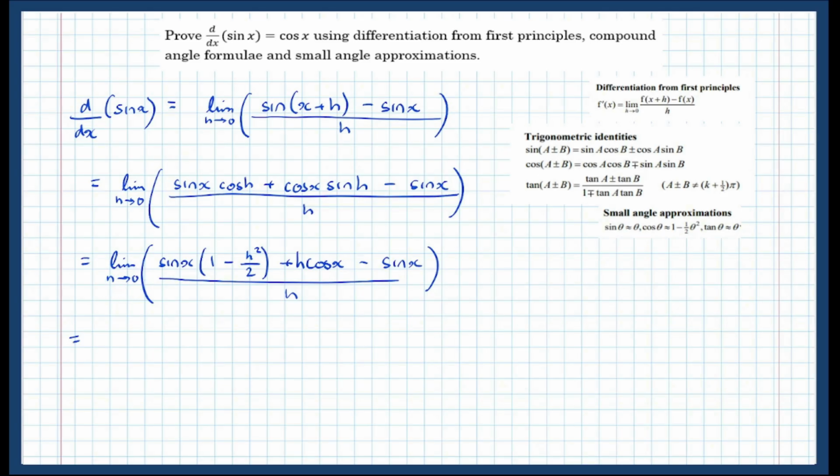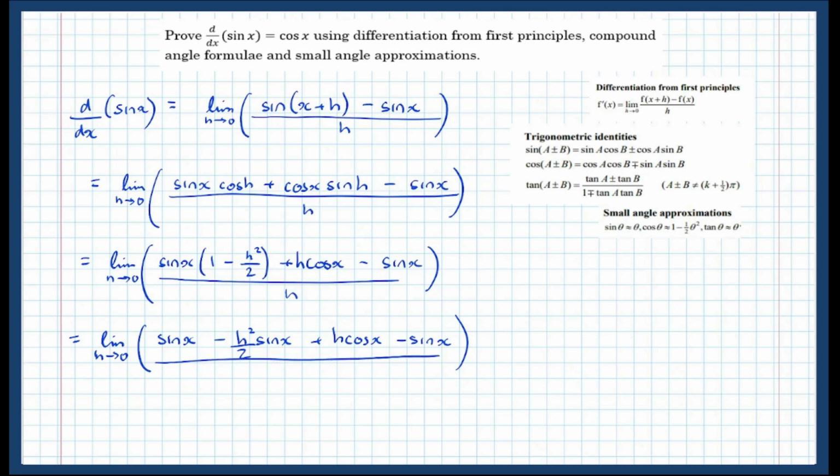And we keep going, equals the limit as h approaches 0 of, and multiplying out that bracket, we've got sine x minus h squared over 2 sine x plus h cos x minus sine x, again all divided by h. I can see this taking shape now.